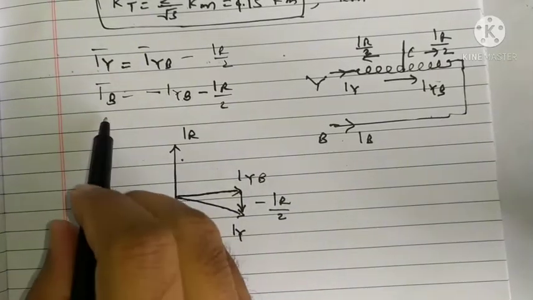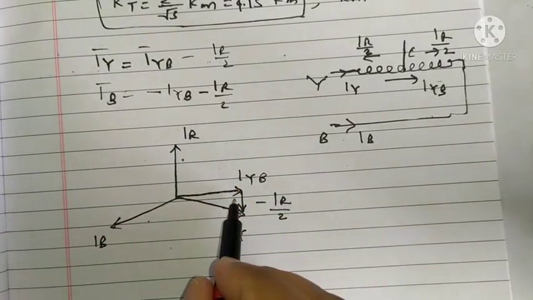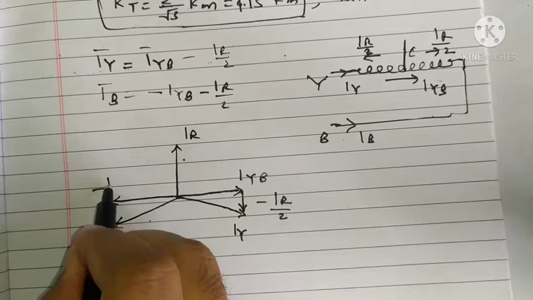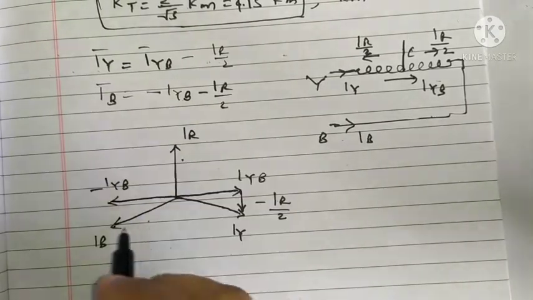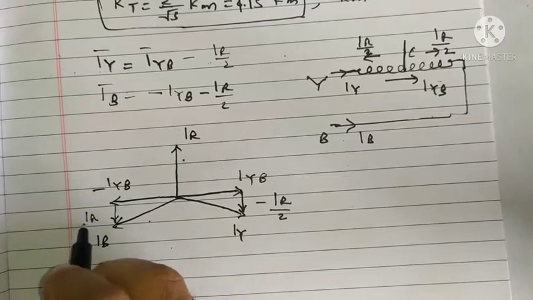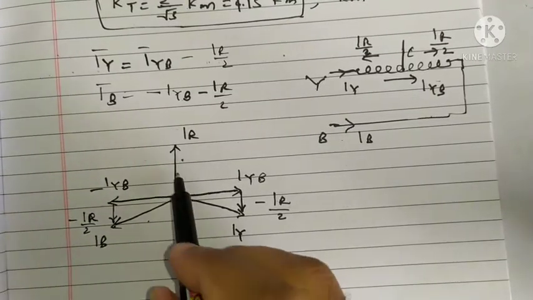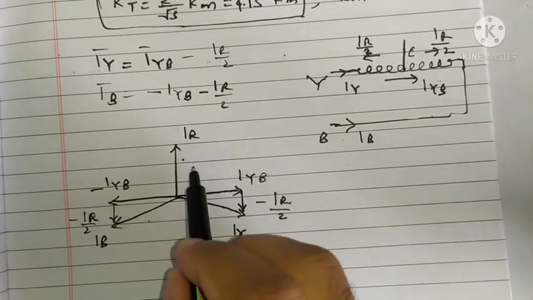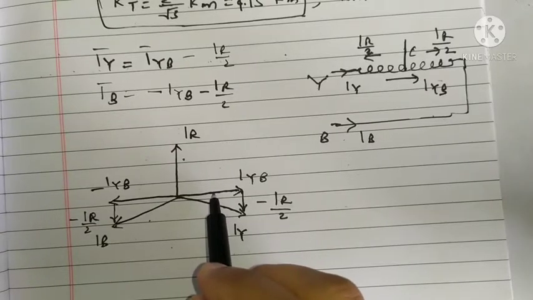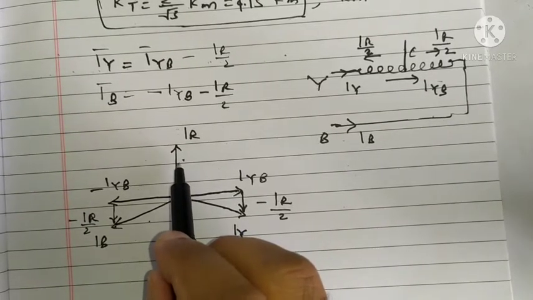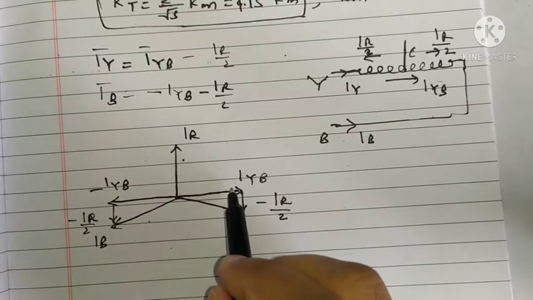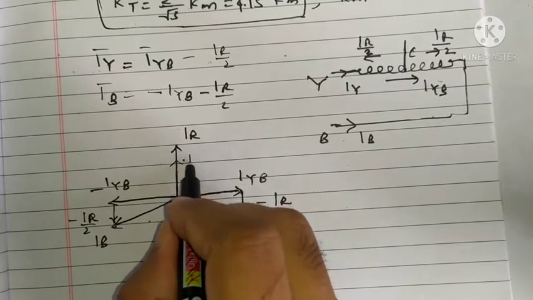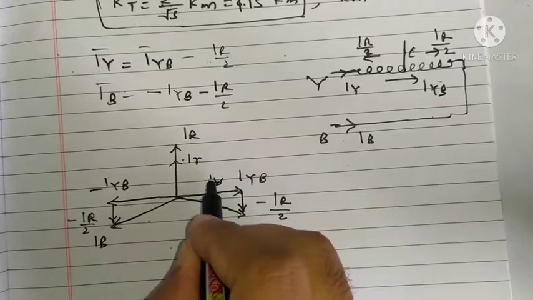And Ib is minus Iyb, minus IR by 2, that is downward. So we can see IR is the teaser transformer primary current, and Iyb is the main winding primary current. Both are perpendicular to each other. Therefore the secondary currents IR and Iy will also be perpendicular.